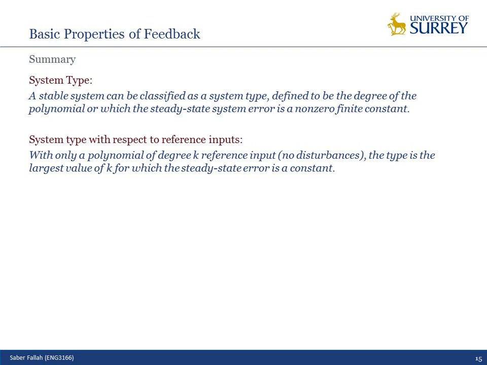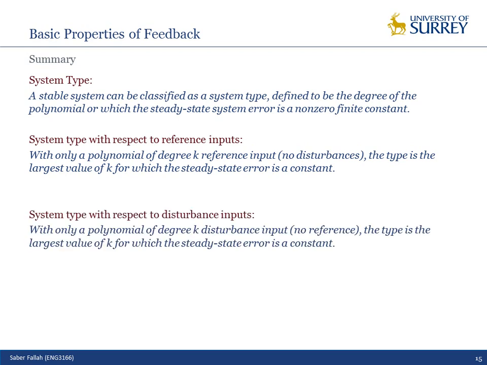For example, if for the ramp input the steady state error is constant but not 0, the type of the system is 1. If the steady state error for the step input is constant, not 0, the type is 0. It is the order of the input polynomial.